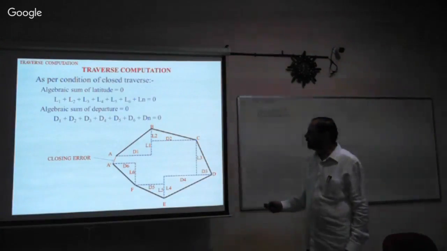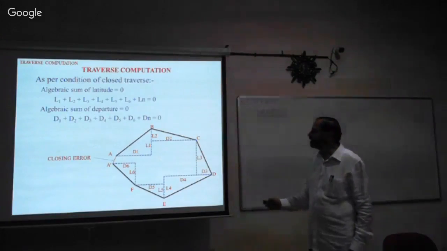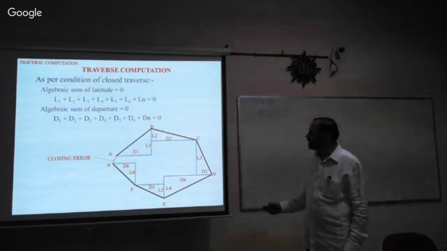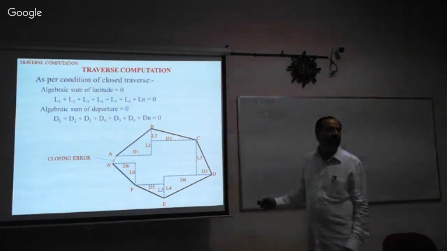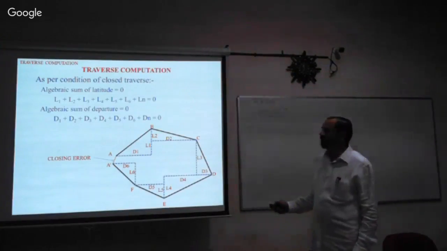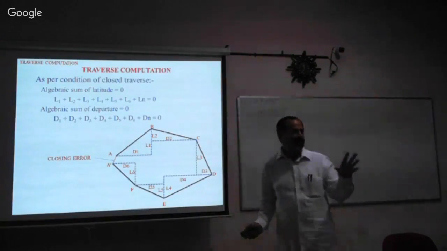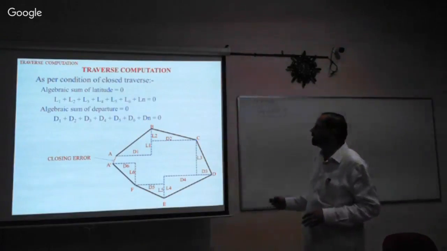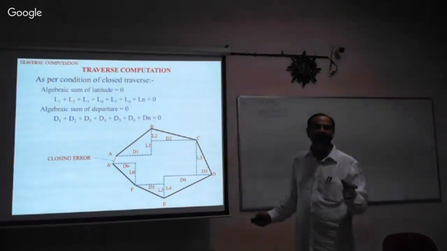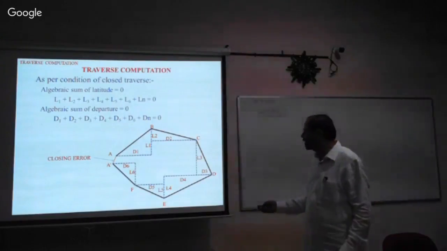We have measured the length and also the angles, and based on that, we can calculate the departure and the latitude. So for each survey line, the condition of the closed traverse is: sigma L, the sum of all the latitudes, must be equal to 0. The sum of all the departures must be equal to 0.